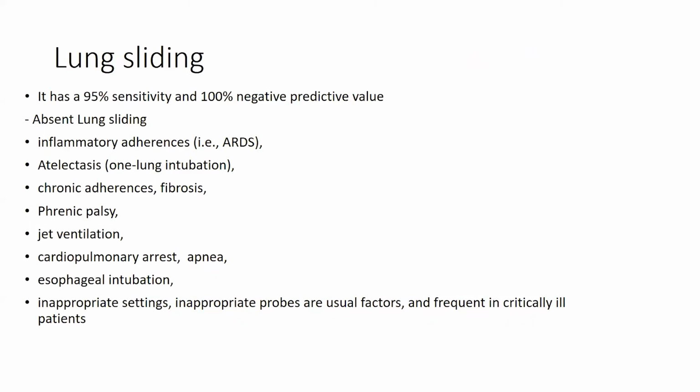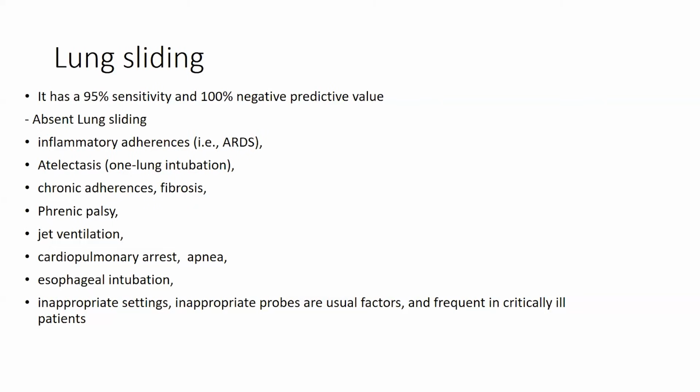But your lung can be absent sliding because there is no air moving in and out. That can happen in other cases also, like inflammatory occurrences like ARDS, or in cases of atelectasis, like major atelectasis that can happen with one lung intubation. Chronic adherence, fibrosis, chronic palsy, the diaphragm is not moving, so the lung is not moving. Sometimes in jet ventilation, cardiopulmonary arrest, apnea, if there is an esophageal intubation done.